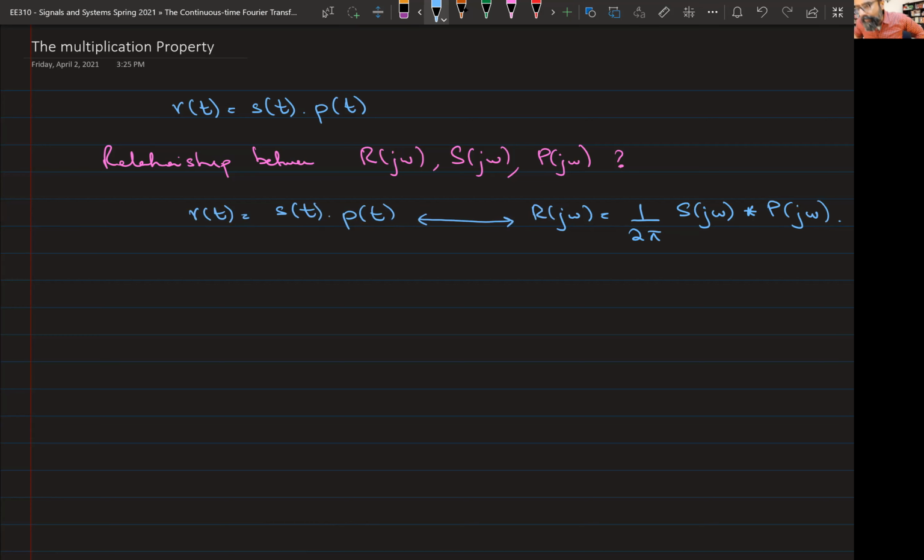Remember, because the forward Fourier and inverse Fourier transforms differ slightly, there's a 1 upon 2 pi there. This is a result that we're going to use directly, and I'm going to leave the derivation as an exercise. I am going to do some examples, whatever I can do now.